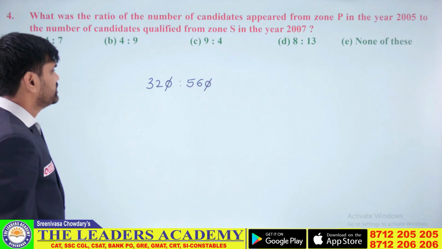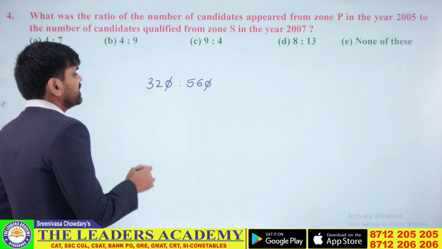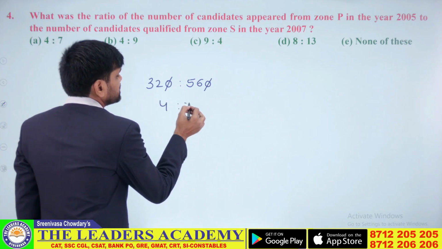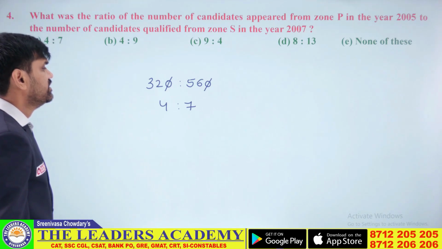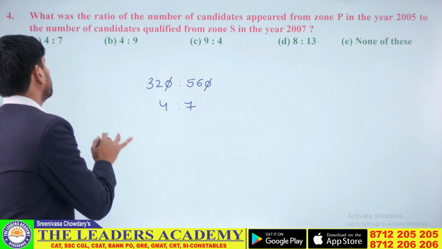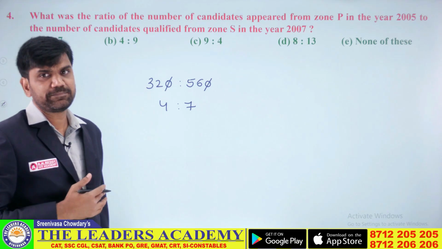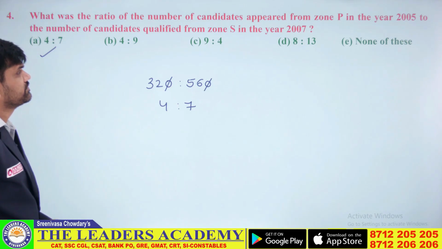With which number you can cancel both? With 8 you can cancel both. 8 4s are 32, 8 7s are 56. Hence your answer has to be option A. Is that clear? Please make a note of it.